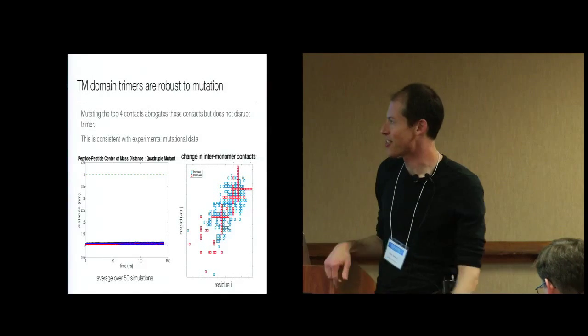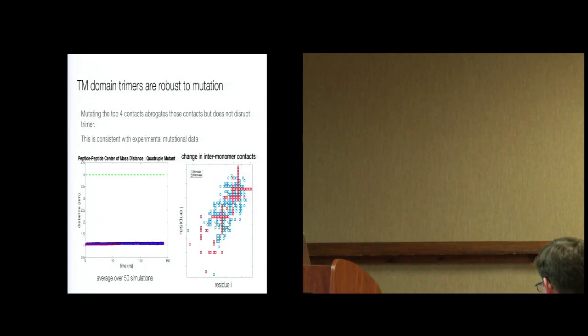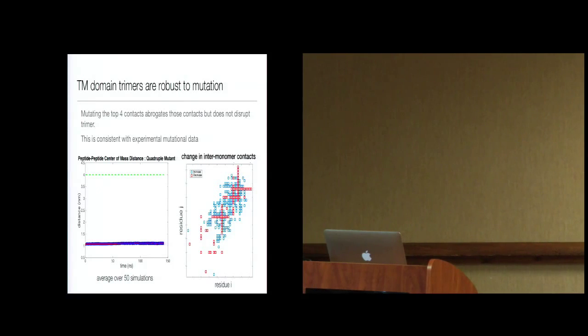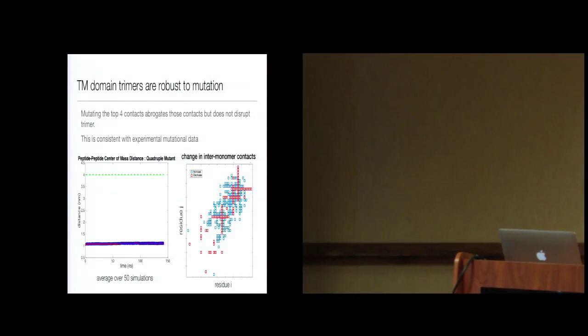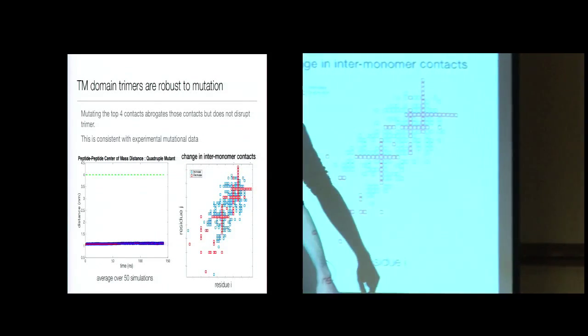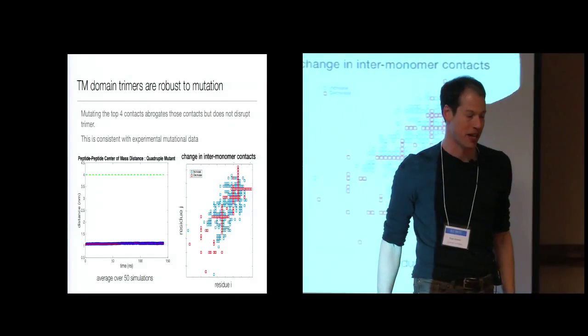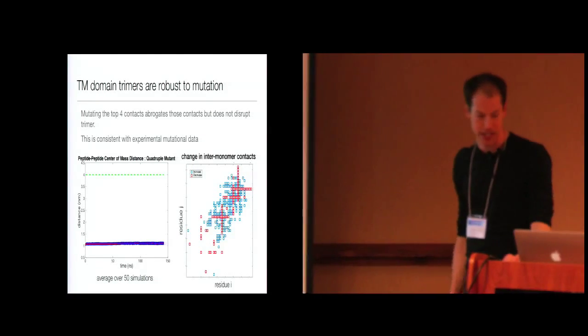And that's shown here, that this is the peptide center of mass for our starting configurations prior to coarse grain simulation. This is where we start the trimers, and essentially you see that everything remains within there, very stable.